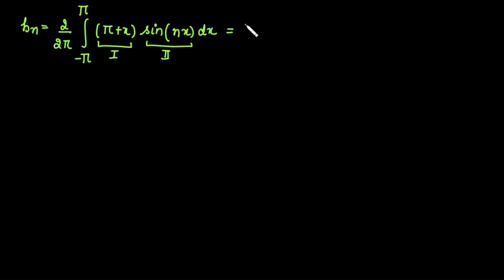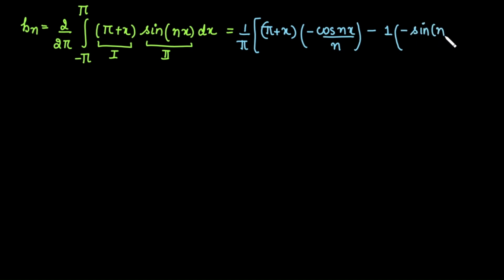In this case, we have 1 upon pi. First function is as it is. Integration of sine nx is minus cos of n into x divided by n, minus derivative of first term, that is 1, integration of this term, that is minus sine of n into x divided by n, and already 1 n is here, so we have n square.